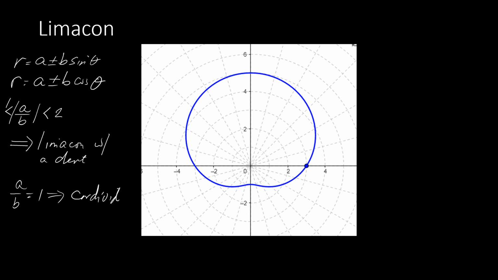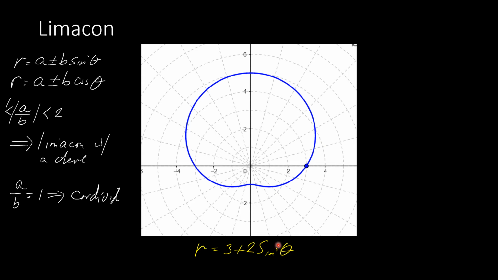Now for this particular limacon, the equation of which is R equal to 3 plus 2 sine of theta. Notice that when theta is 90 degrees, sine of 90 is 1 times 2 is 2 plus 3 is 5. It is maximum when theta is 90 degrees.